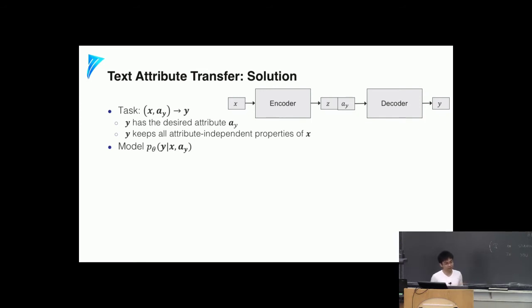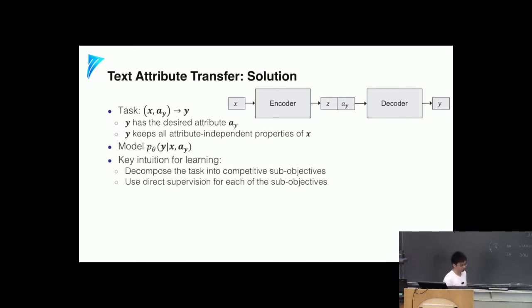This architecture is pretty standard, and we can use whatever architecture here, like attention, transformer, or other different architectures. Our focus is how we can train this model without this direct supervision data.